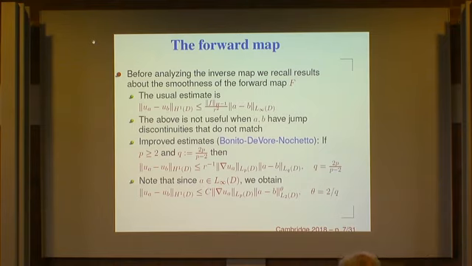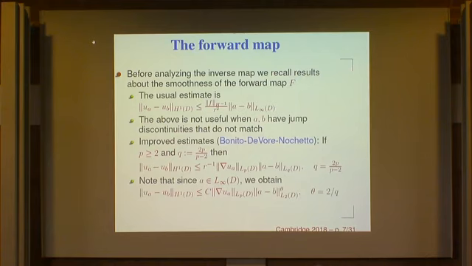Okay, so before going further into the inverse map, I have to discuss a little bit about the forward map, why it plays a role in this whole thing. Obviously, you're worried about two completely different guys collapsing into one guy.